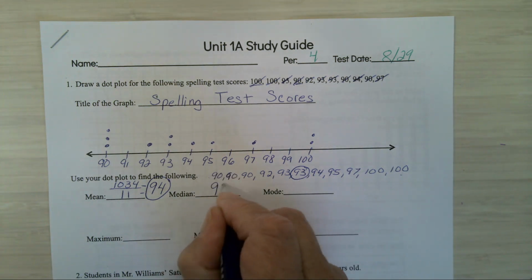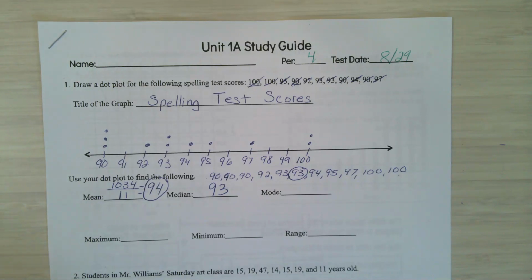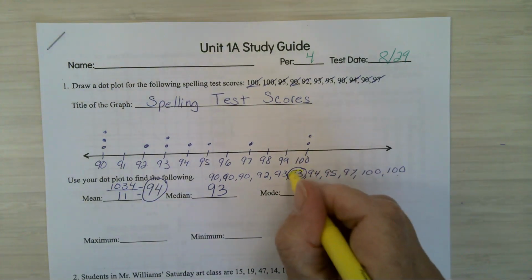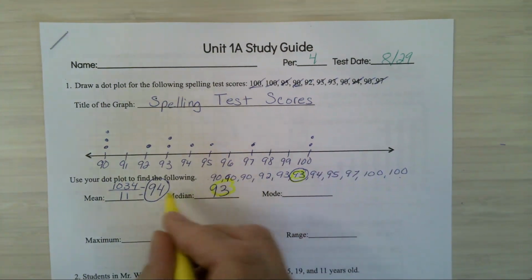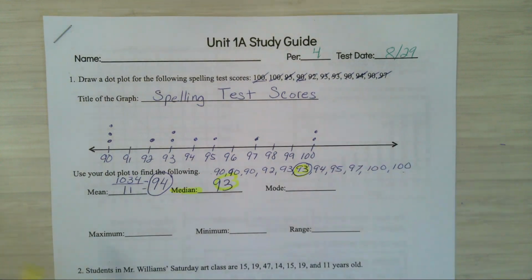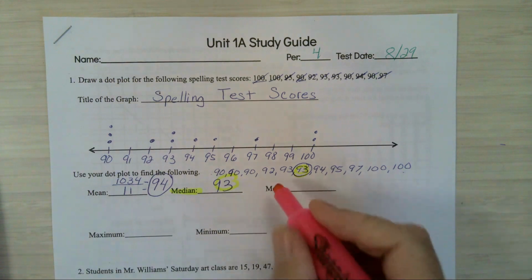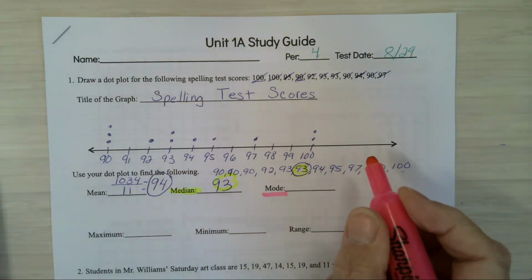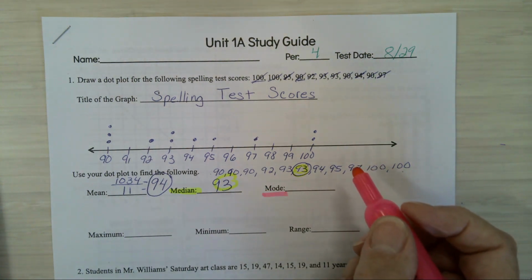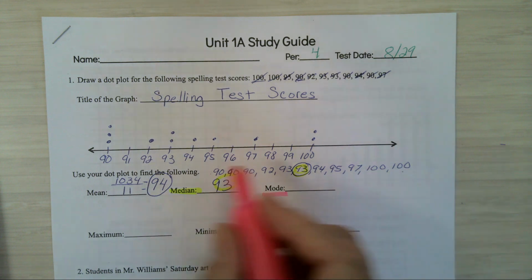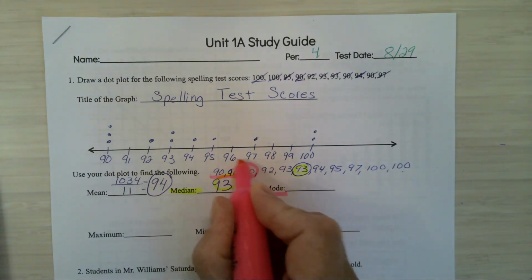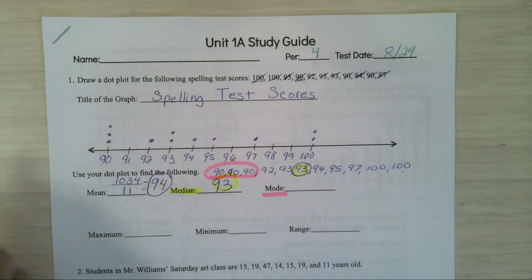So your median is 93. Middle number is median. Which number occurs the most? Which number occurred the most? Mode is the most, yes. 90. 90 occurred the most. It occurred 3 times.